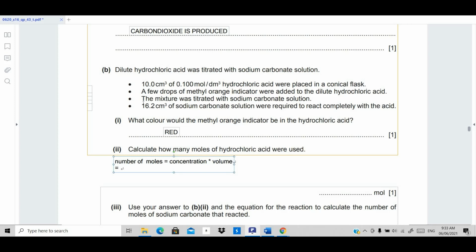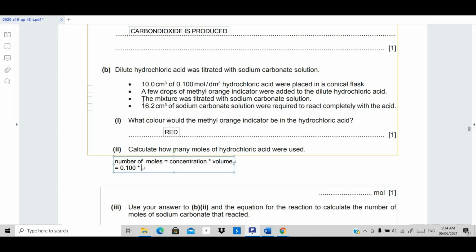Most students forget checking the units and they lose their 1 mark. So firstly, concentration is 0.1 mole per decimeter cubed. Now times volume, which is in centimeter cubed, while the concentration is mole per decimeter cubed. So to give the correct answer, you need to change the units.